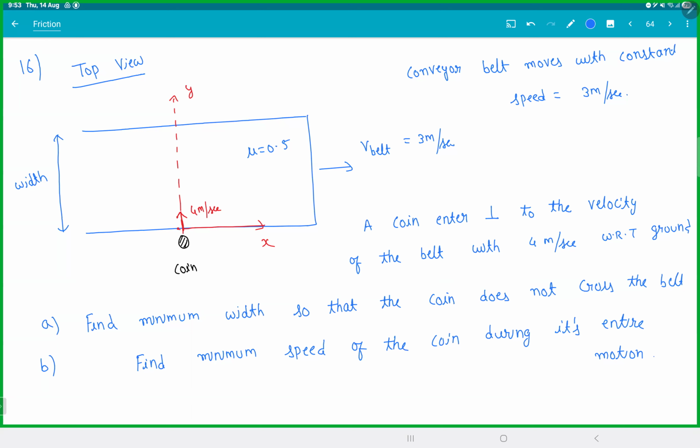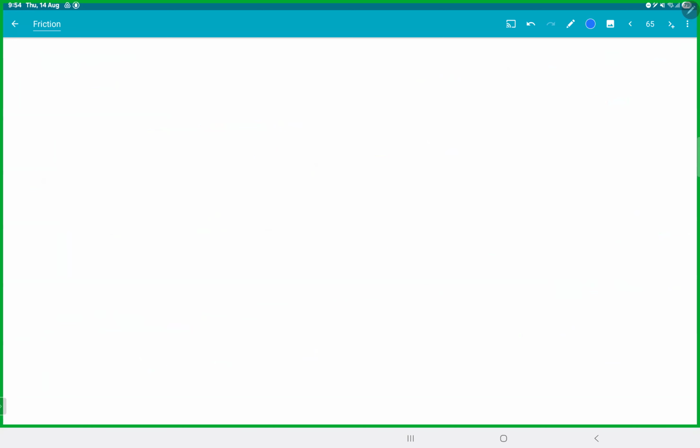That's not the answer. So let's do it in the belt's frame. Let's see. So this is one thing, remember: if someone says something is going with constant velocity, that's a big clue.